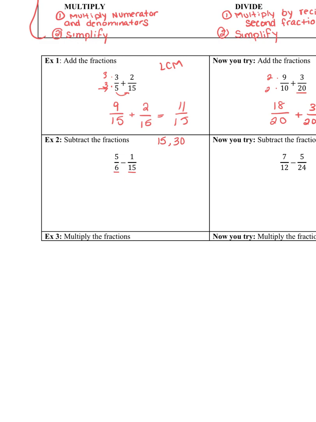So in this case, I'm going to have to manipulate both fractions. To change 6 to 30, I would have to multiply it by 5. So that gives me 25 now over 30. Now to change the 15 to 30, I would multiply by 2. And so now I have 2 over 30. And now I can go ahead and subtract my numerators to get 23 over 30.